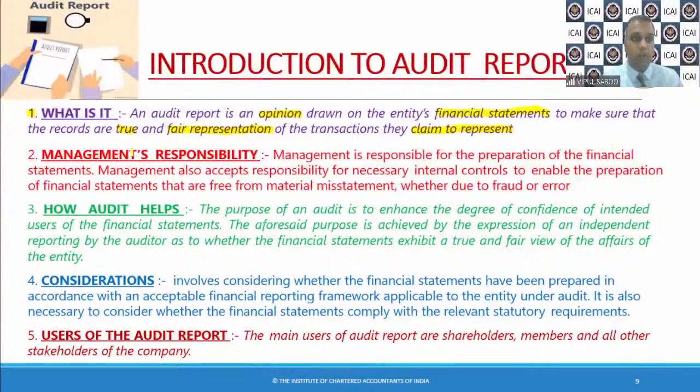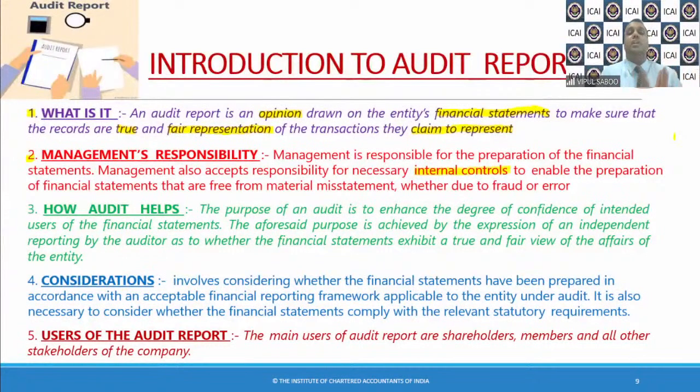We all know the management's responsibility is to prepare financial statements. Management has to accept this responsibility because preparation of financial statements and implementation of internal controls is the responsibility of the management.